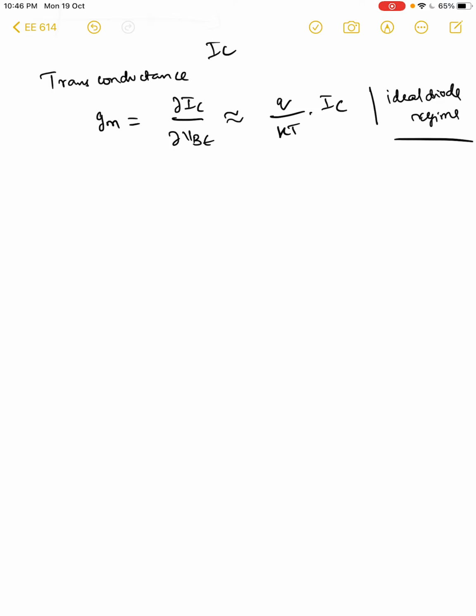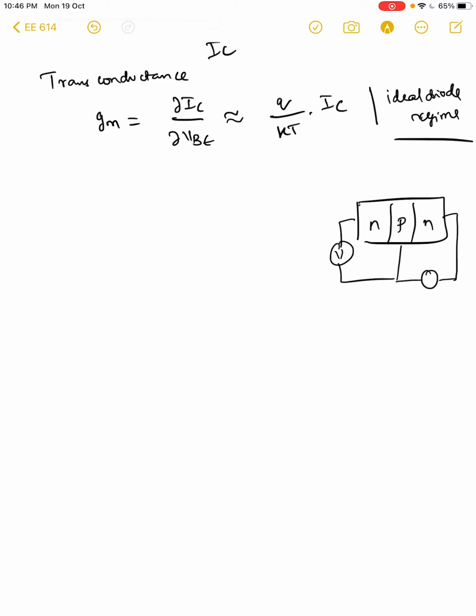Let's once again take the example of an NPN transistor and look at various carrier concentrations. This is VBE and this is VBC, under all these conditions.